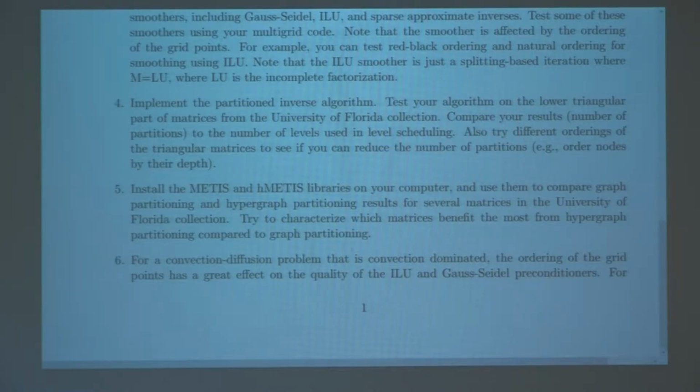There are other libraries which were on the slides that I posted, and you can try those instead if you don't want to try these. And you can try them on different matrices and see which one is better, or more precisely, how important hypergraph partitioning is compared to graph partitioning.